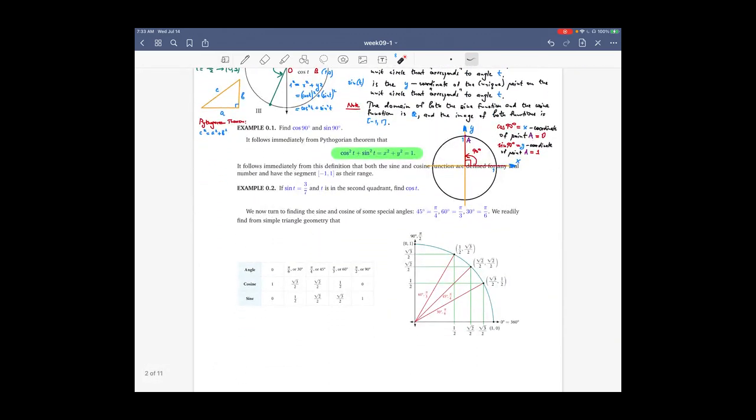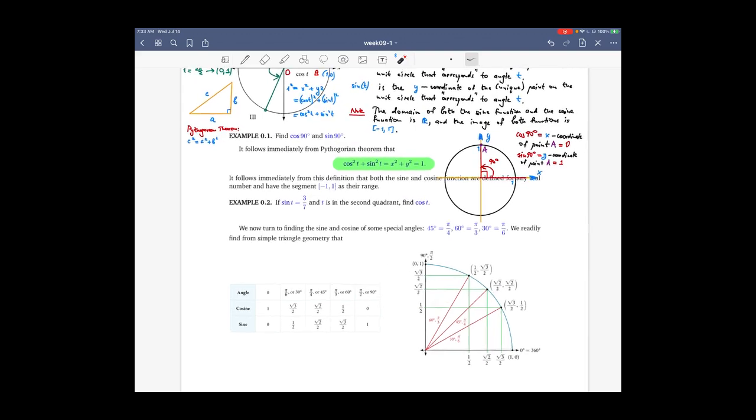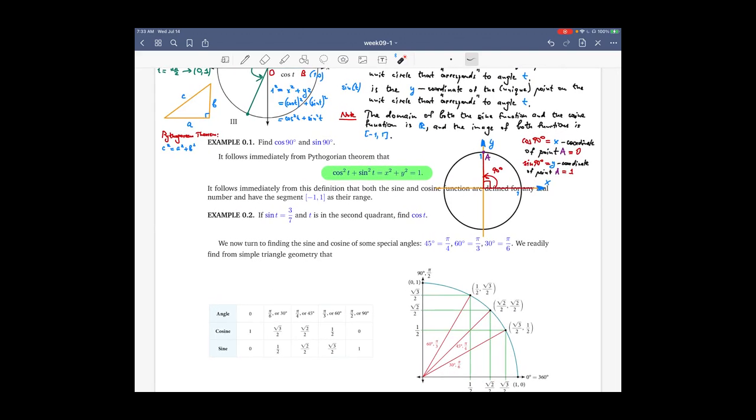Let's now practice finding sine and cosine of some common angles. We already saw that cosine 90 degrees is 0, and sine 90 degrees is 1. 90 degrees, remember, corresponds to the radian measure of pi over 2.